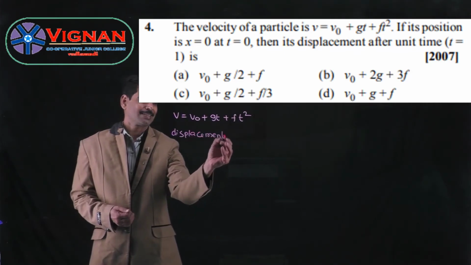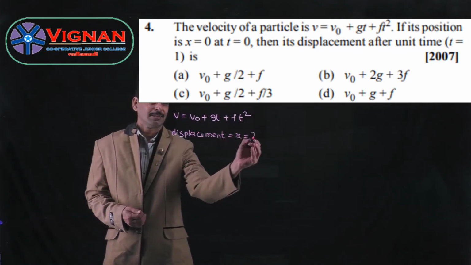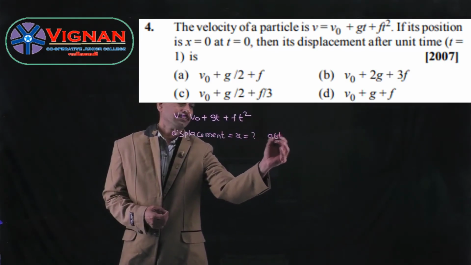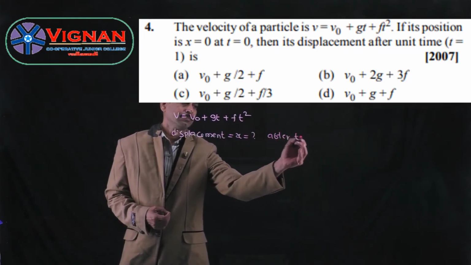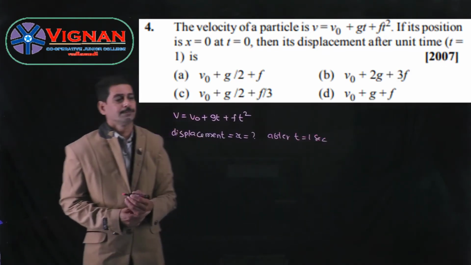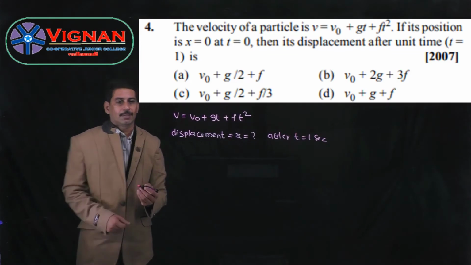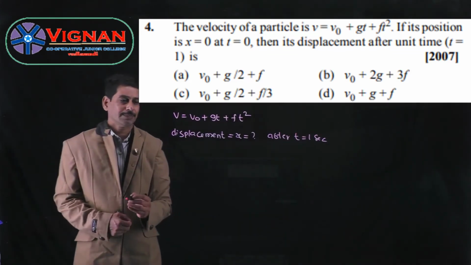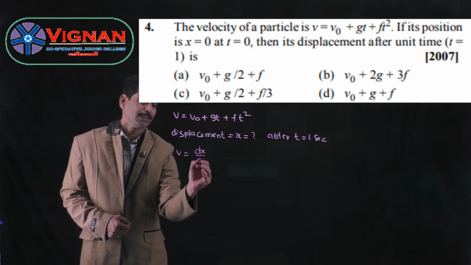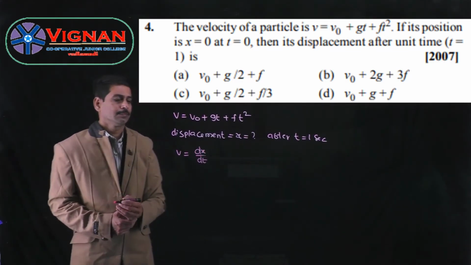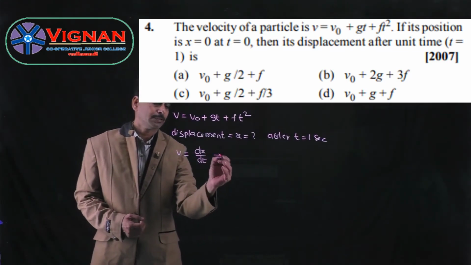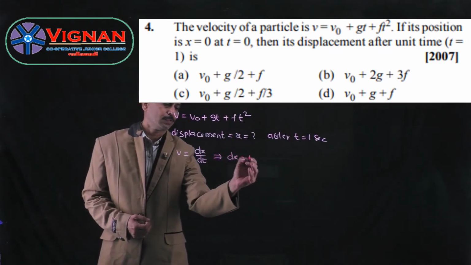So we know the velocity is the rate of displacement, that is v is equal to dx by dt. So dx by dt, and we get dx is equal to v into dt.